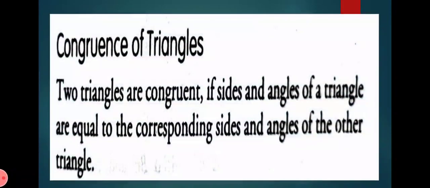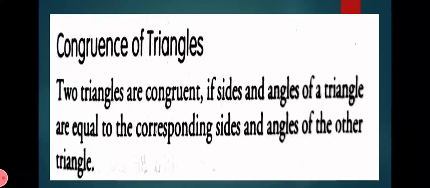Now, what are congruent triangles? Two triangles are congruent if the sides and angles of one triangle are equal to the corresponding sides and angles of the other triangle.